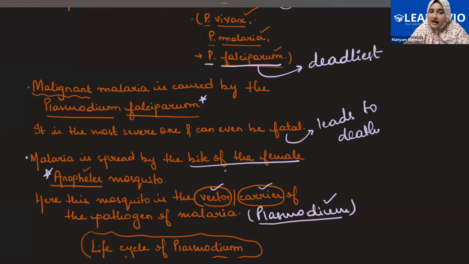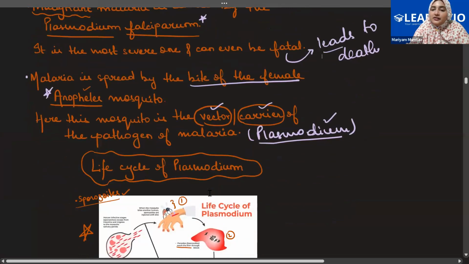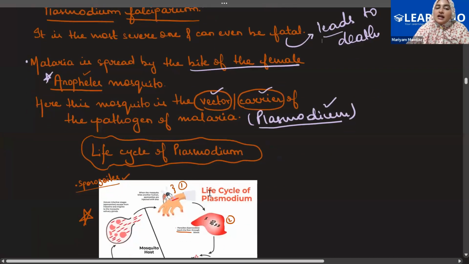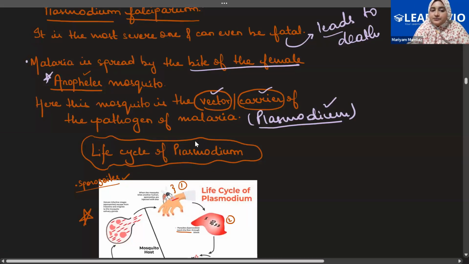This kind of malaria is the most feared one. It is the most fatal, and by fatal I mean that it can lead to death. Now, malaria is caused by the bite of a female Anopheles mosquito. Since the mosquito carries the pathogen for malaria, it is the vector or the carrier of the disease, that is malaria.